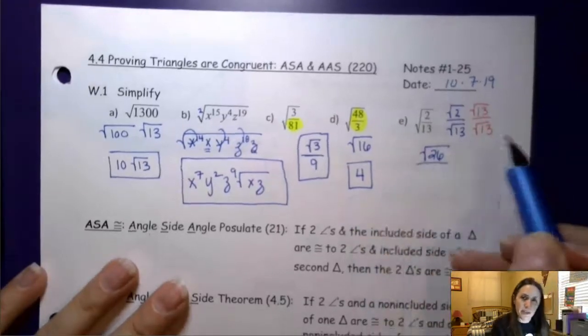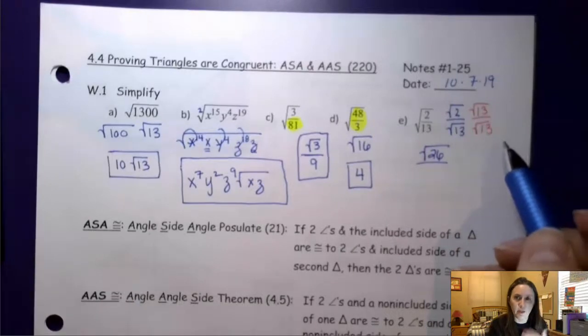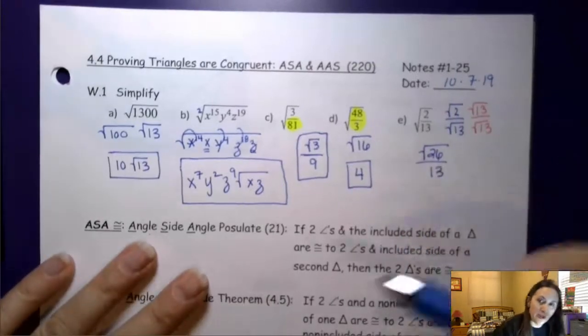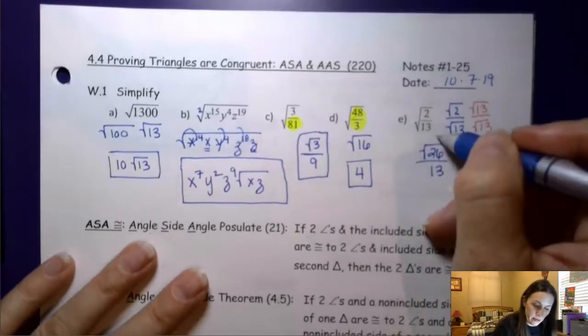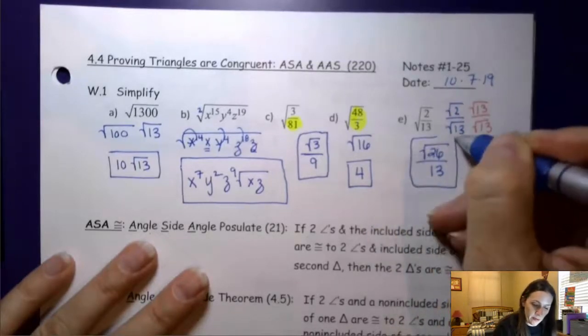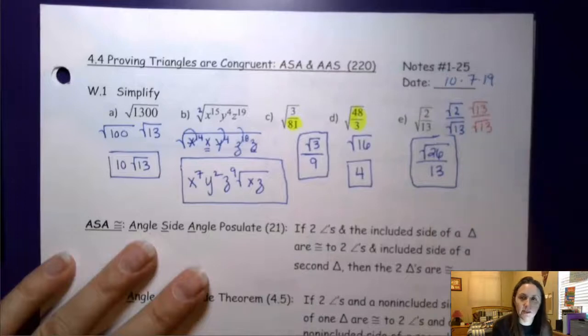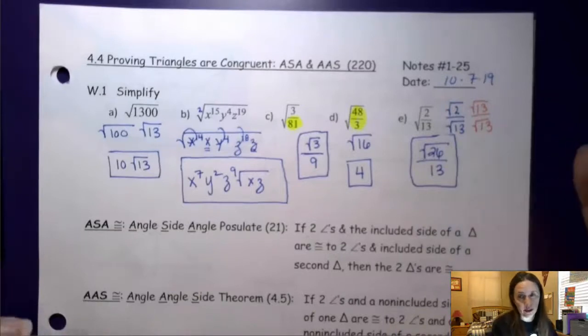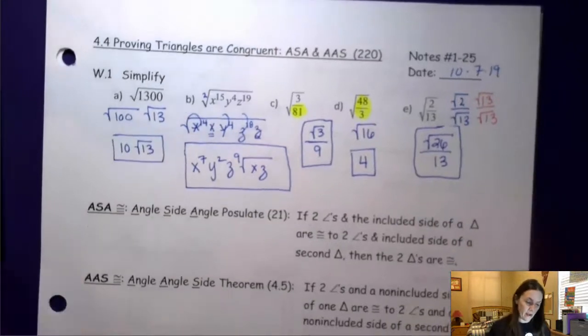Now on the bottom, 13 times 13 is 169, which is a perfect square of 13. So you can write that step, but you don't need to, because you're purposefully multiplying by itself to get rid of the radical. So again, these are going to keep showing up. Good luck. Come and ask questions if you're struggling with any of those.